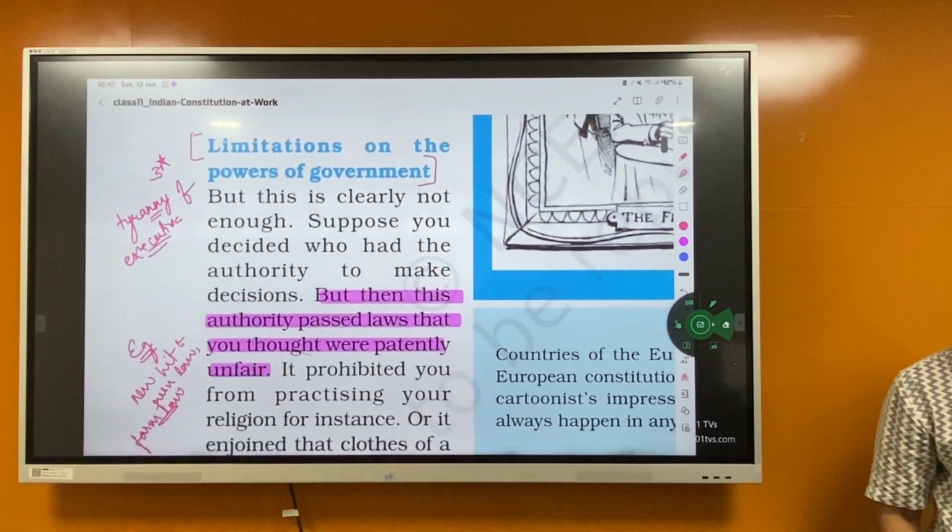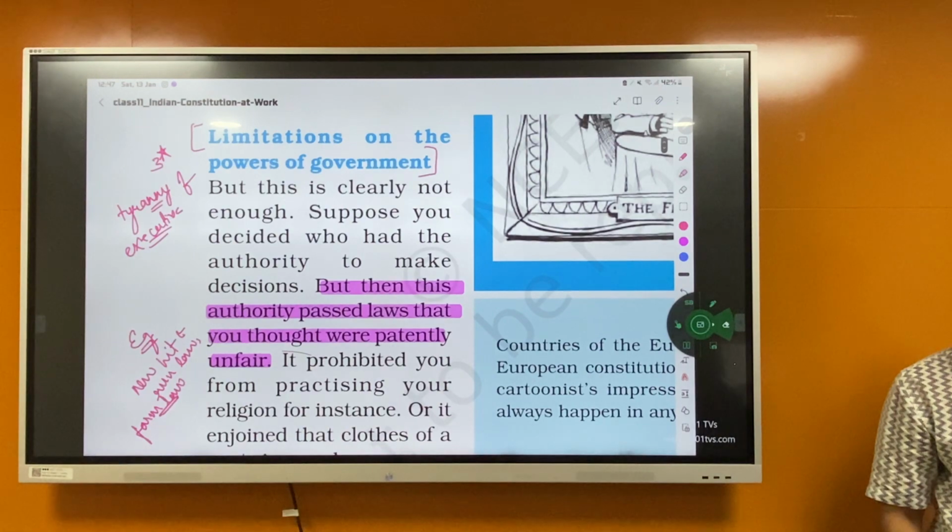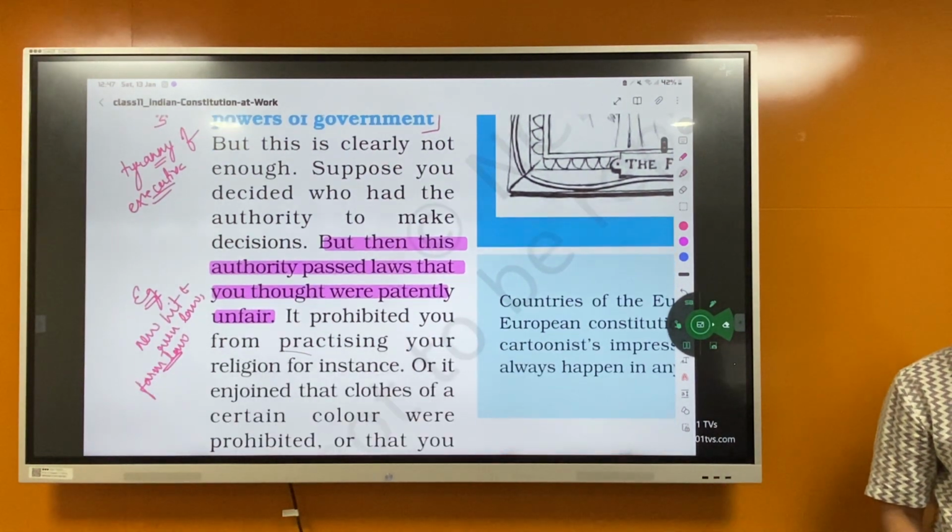Suppose you decided who had the authority to make decisions, but then this authority passed laws that you thought were patently unfair.